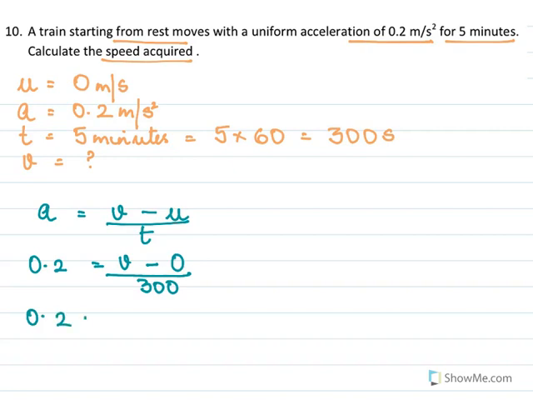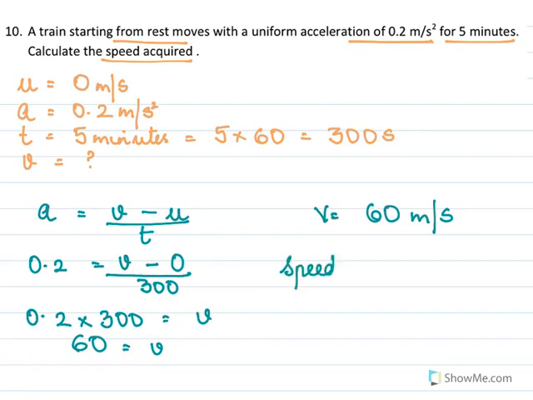So 0.2, cross multiply, we take the 300 on the other side, so 0.2 into 300 equal to V. When we multiply this, we get 60 equal to V. So V equal to 60 meter per second. That will be the speed acquired, 60 meter per second after 5 minutes.